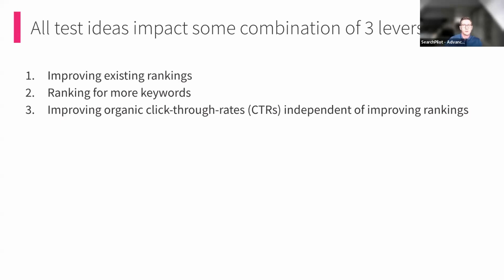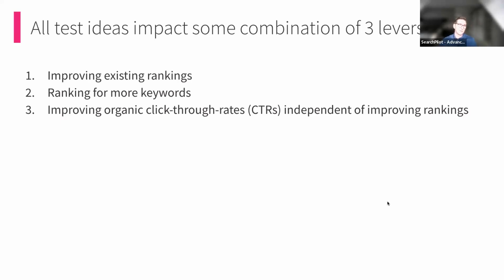The key thing to understand whenever you're trying to come up with test ideas is that any test that you run is some combination of three key levers. You're either trying to make a change which will improve your existing rankings. You are either trying to make a change to get a page or a series of pages to rank for more keywords.